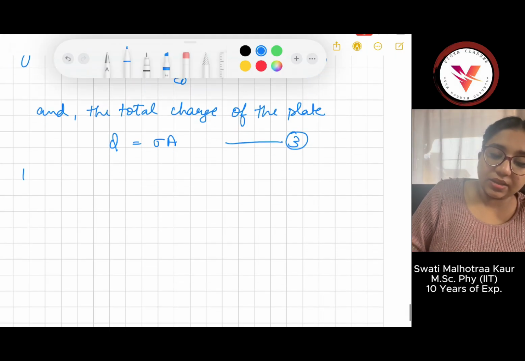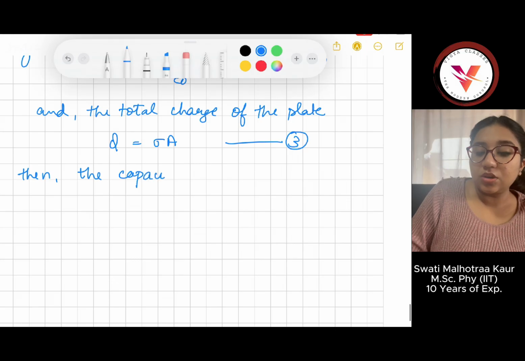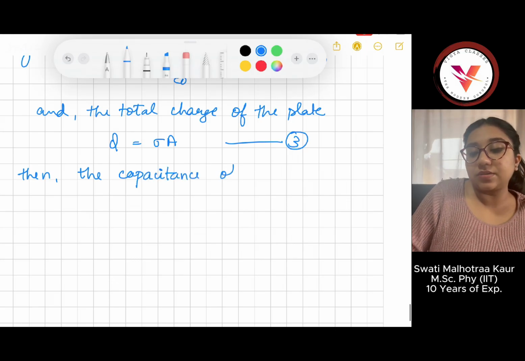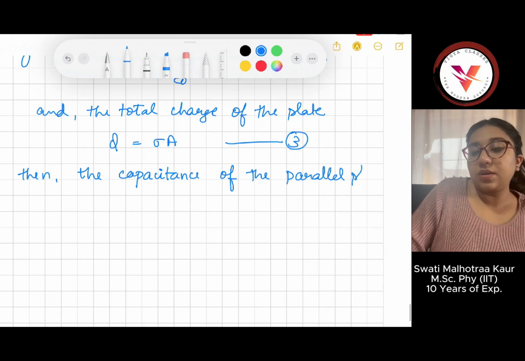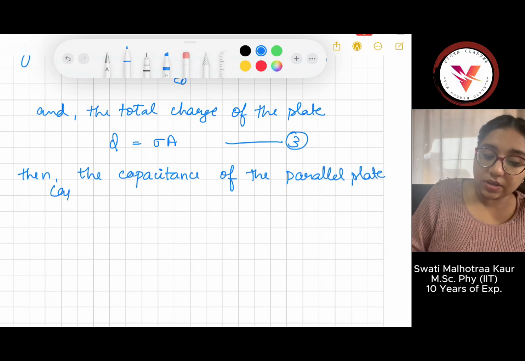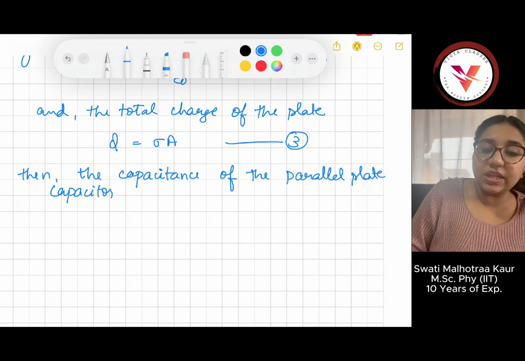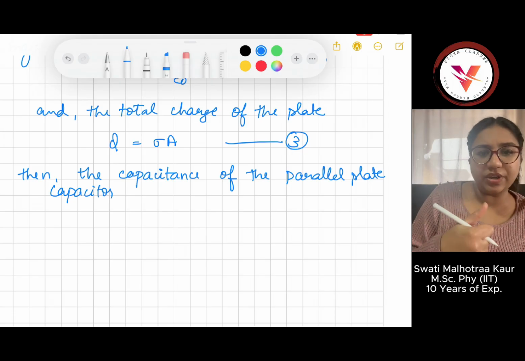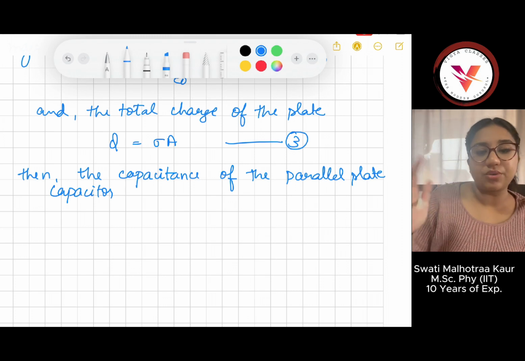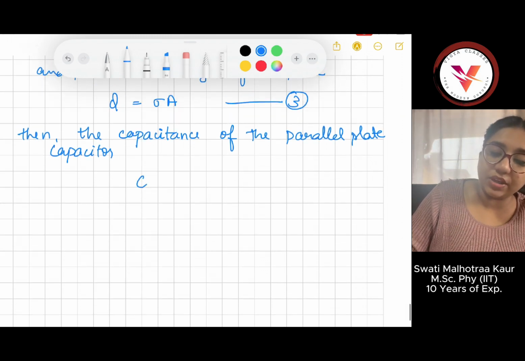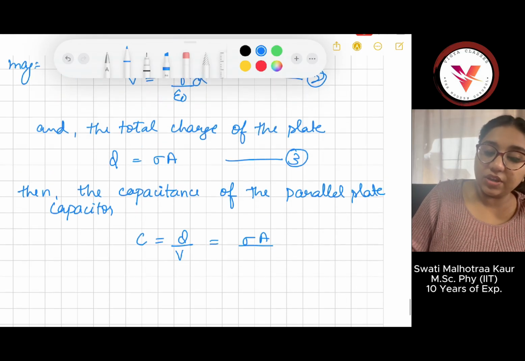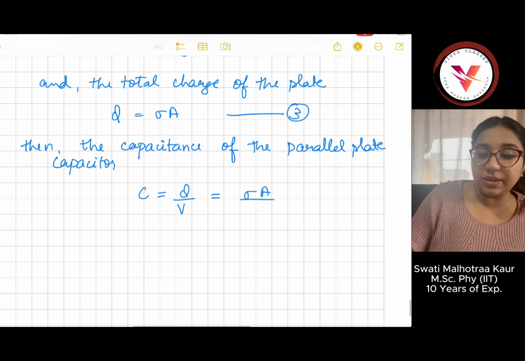Okay. Then the capacitance of the parallel plate capacitor. See, it is basically a 3 to 4 step derivation. Electric field, then from electric field calculate potential, then calculate charge, and then calculate C, which is Q by V. As per the formula, Q is sigma A, V is what? Sigma d by epsilon naught.